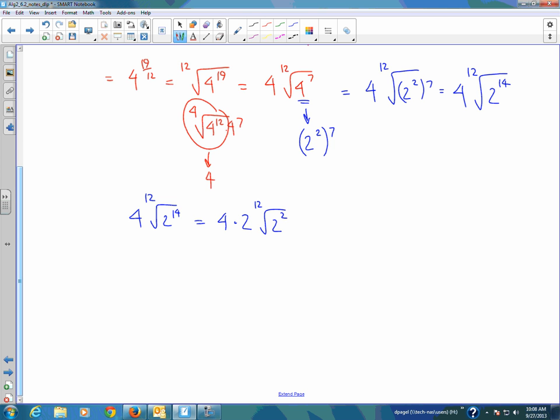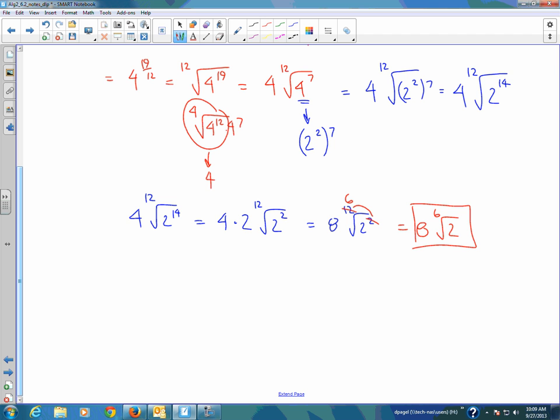So really I got an 8 times the 12th root of 2 squared. Look what happens with the root and the power now. 2 into 12 is 6 times. And I get 8 times the 6th root of 2.